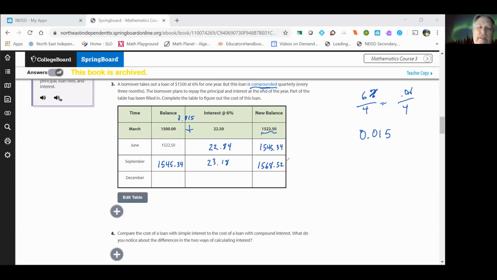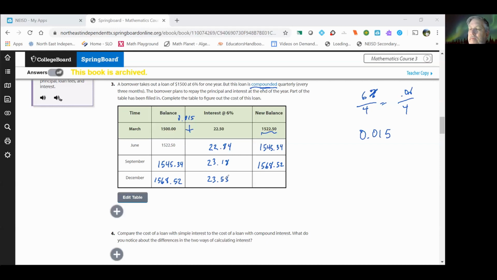And then finally, we're going to take that 1,568.52 and multiply that times our 0.015. So it's going to be 1,568.52 times 0.015, and that's going to give me 23.53 rounded.